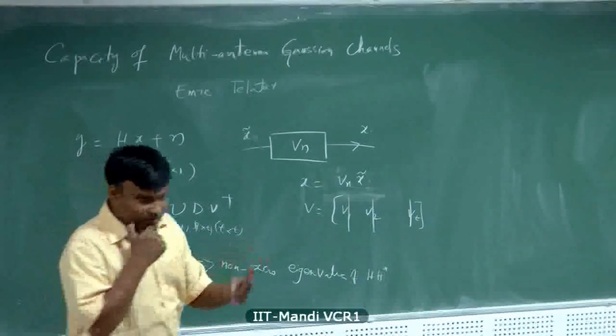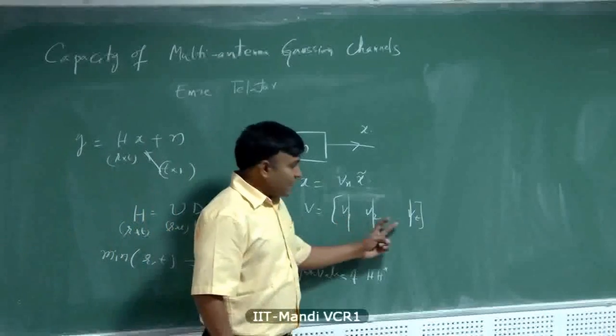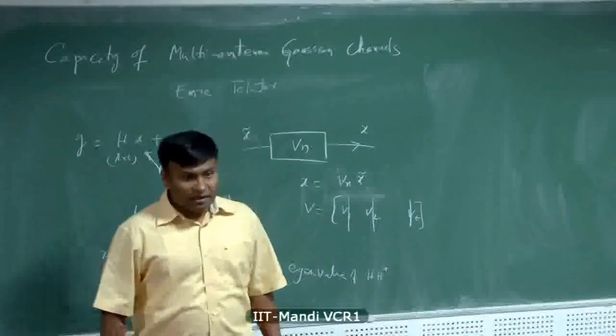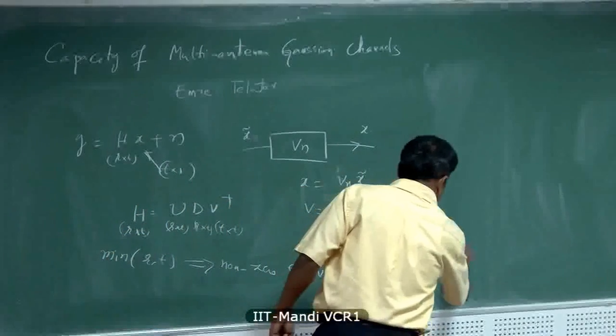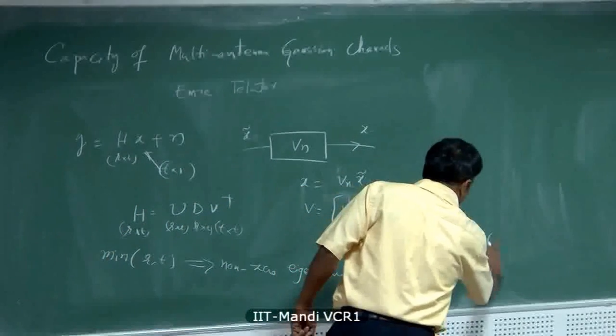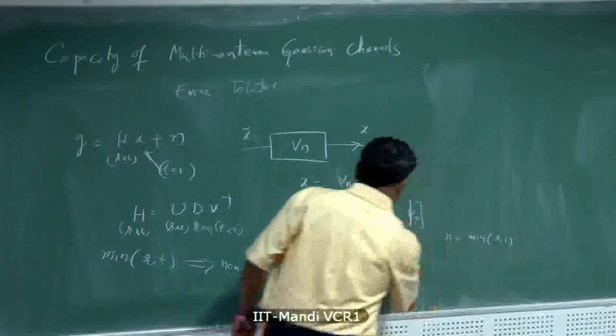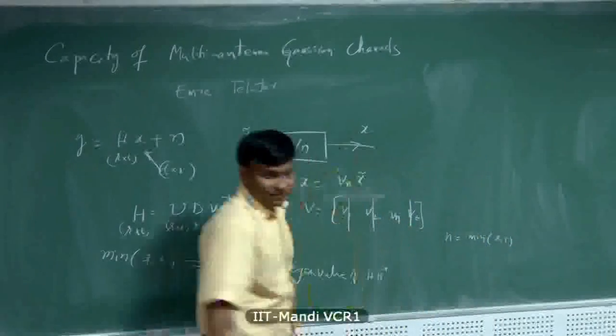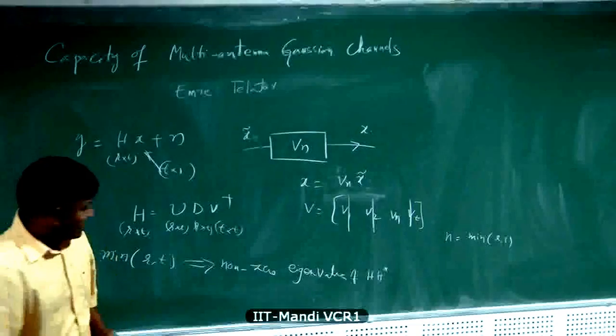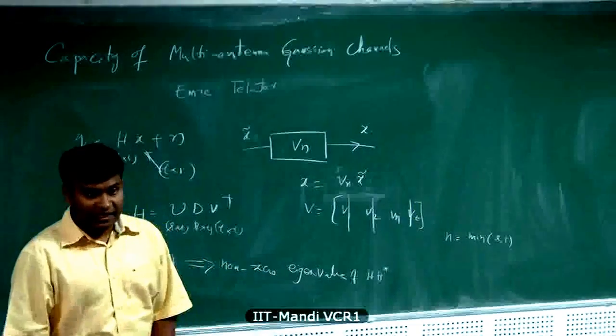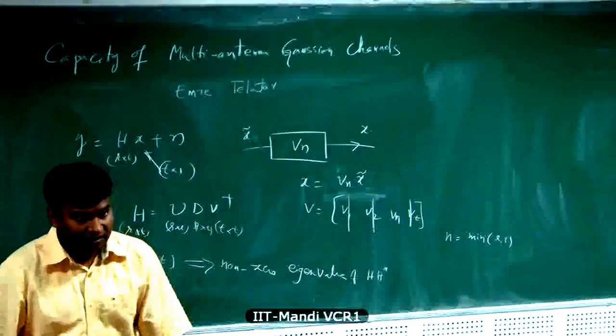We will show that, right? In fact, we'll see that. If we send V1, V2 up till V min of R comma T, if n equal to min of R comma T, then you can send that many streams, and at the receiver, you can perfectly recover them without crosstalk.